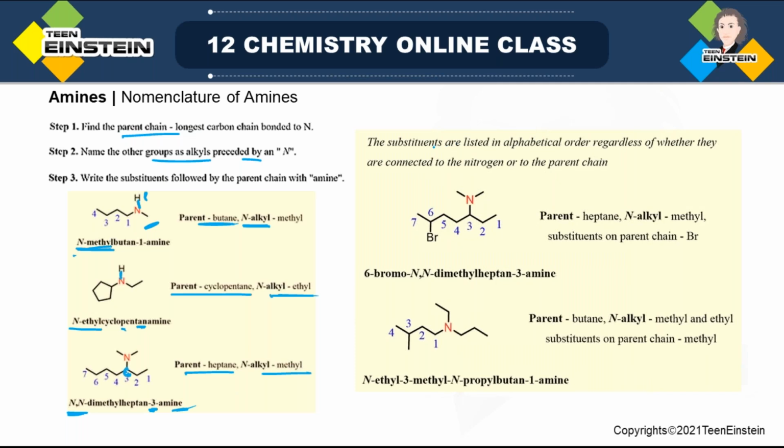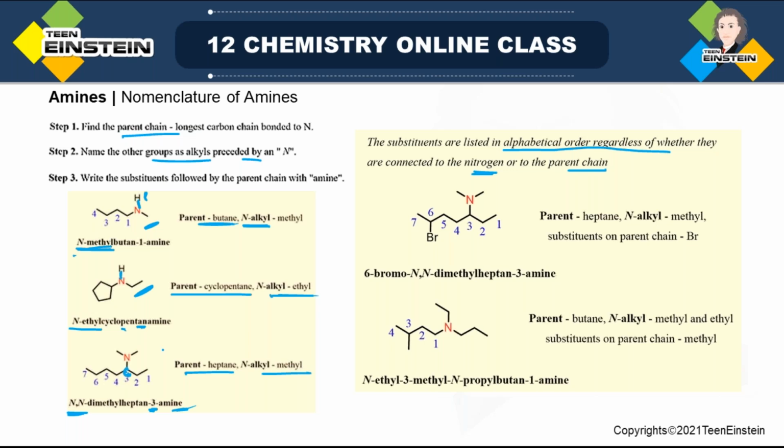Now the substituents in this that is to secondary or tertiary amines, they are listed in alphabetical order, and that is irrespective of whether they are connected to nitrogen or to parent chain. So see here in the last 3 examples, these alkyl groups they are attached to nitrogen and you are considering them as a substituent, but there may be other substituent that are present in the alkyl, that is parent chain.